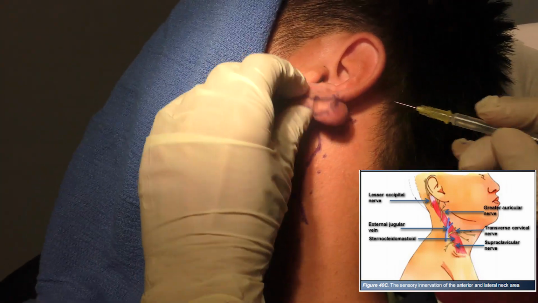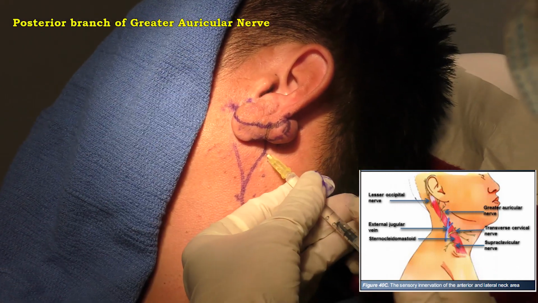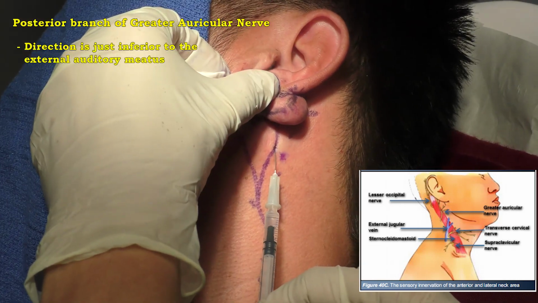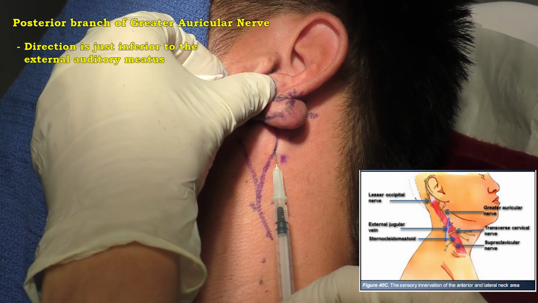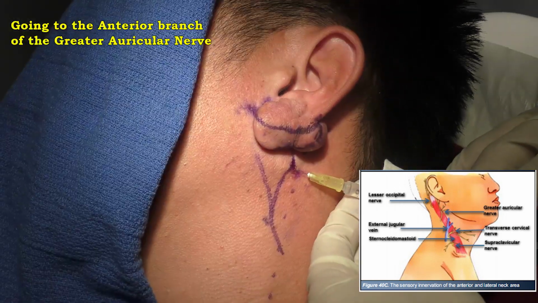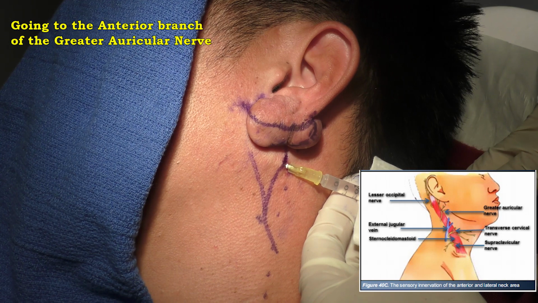So we start with the posterior branch of the greater auricular nerve. Your direction is just inferior to the external auditory meatus. Now we're going for the anterior branch of the greater auricular nerve.